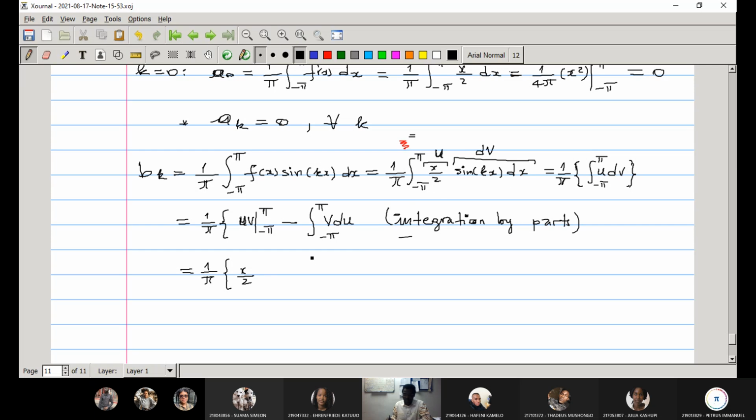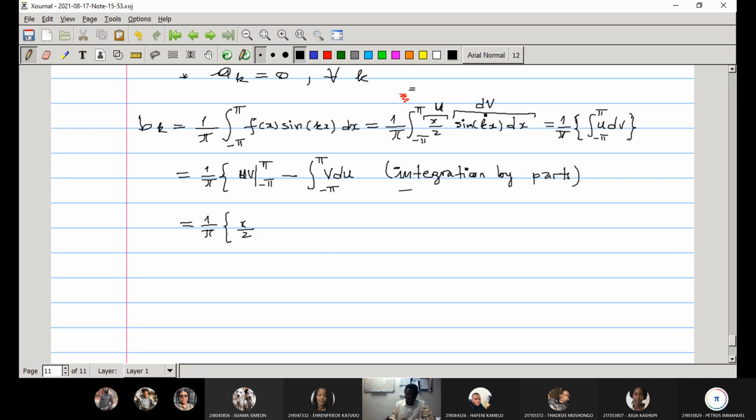Our v will be negative cosine kx by k. And it's good because k cannot take the value 0. k starts from 1, right? So there's no problem here. So I can write it directly. So this is my u, this is my v.